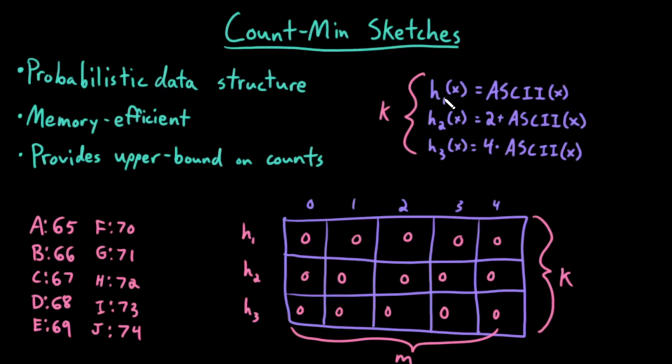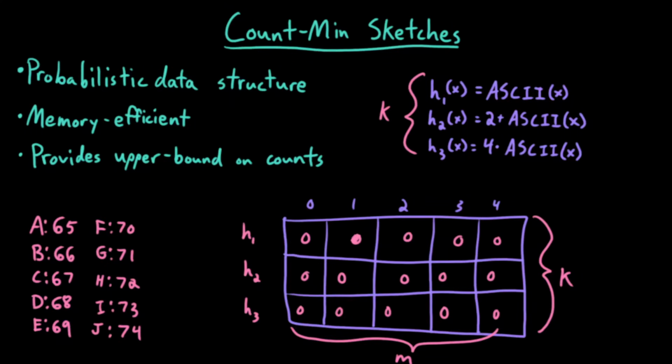So for example, h1 of x is just the ASCII value of x. ASCII value of b is 66, so h1 of b is 66. I mod that by the number of columns in my count min sketch, which is 5. So 66 mod 5 is 1. I go to the h1 row, and I increment the count at that index.